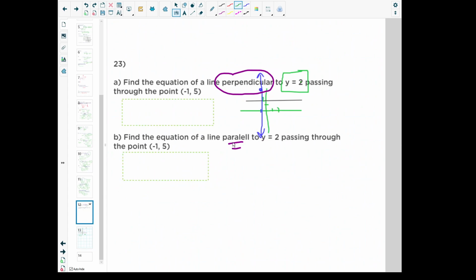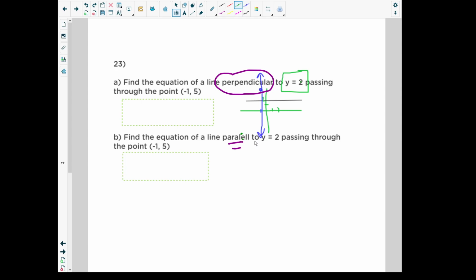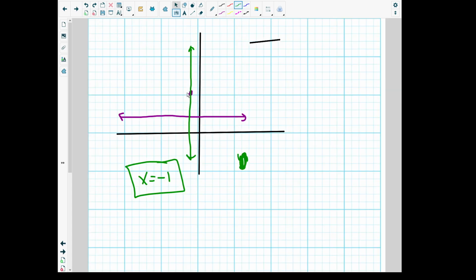Find the equation of a line parallel, spelled wrong, by the way. Two Ls should be here. Parallel to y equals 2. So it's the same exact problem, same point. Everything's the same except it's parallel. So let's go back and see what that looks like. I'm going to get rid of this green line here. I want this blue line to be parallel to this purple line. So I can be here or anywhere I want to be.